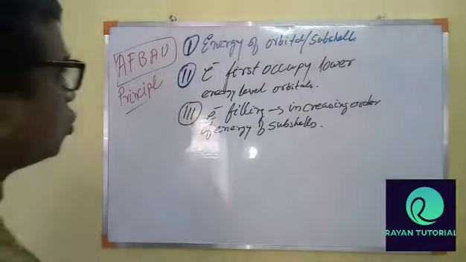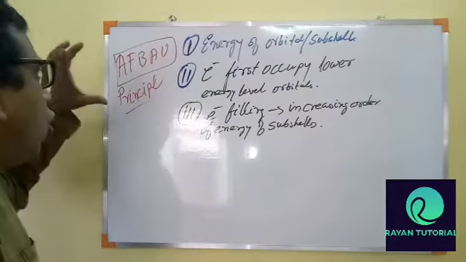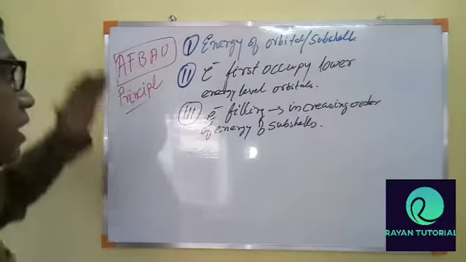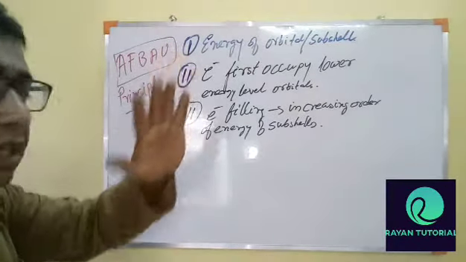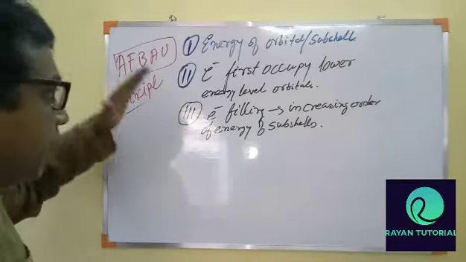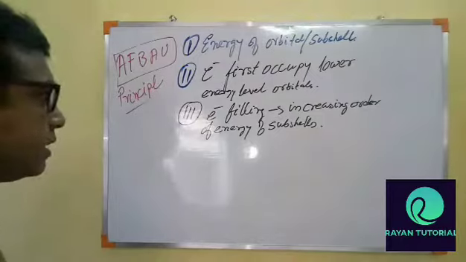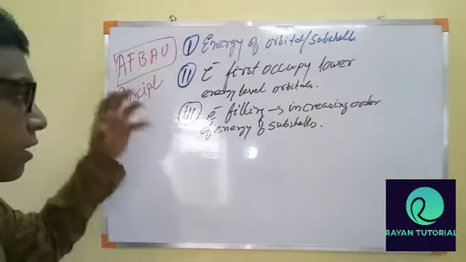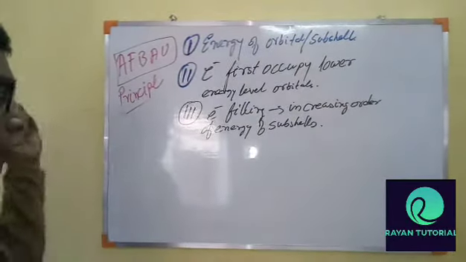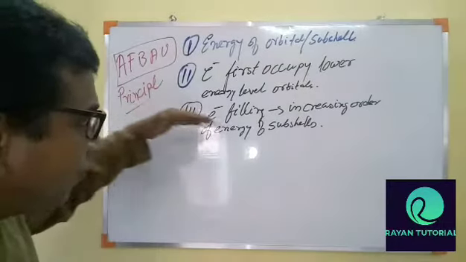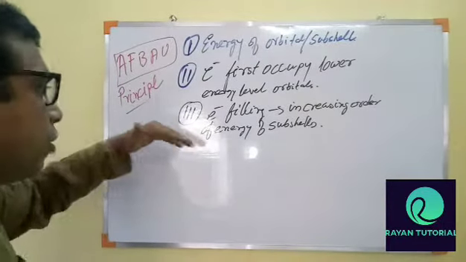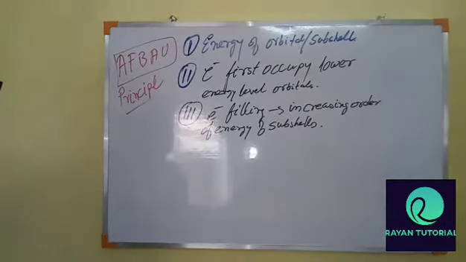So this is the basic of the Aufbau principle. The energy of the orbital or subshell. Electrons first will occupy the lower energy level orbitals. Suppose there are 10 electrons, how they will fill? They will fill in the increasing order of the energy level of the subshells.